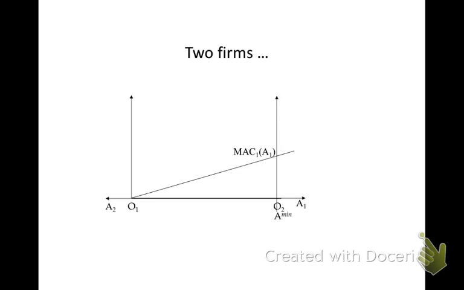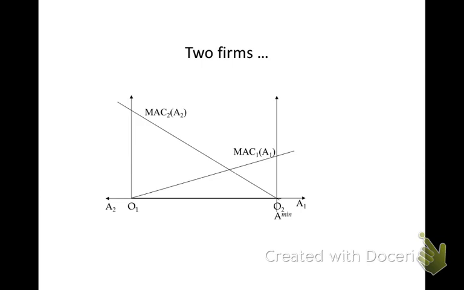That this is the origin of the second firm, and the more we go to the left, the higher the abatement of the second firm. Was I clear?